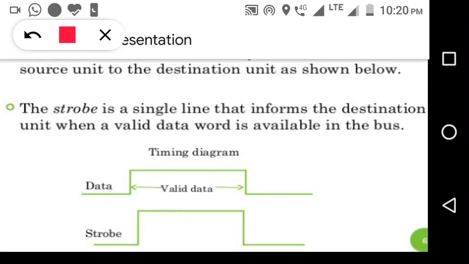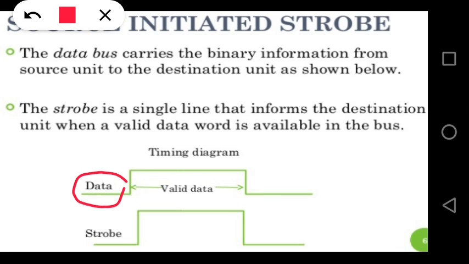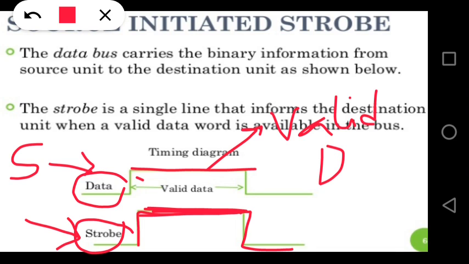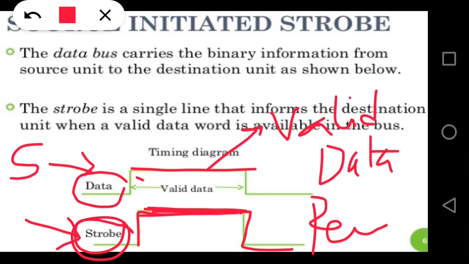So what's happening here? First, source or sender places the data on the data bus, then it sends the strobe signal. As long as strobe is active during this period, you can send the valid data. As long as the receiver receives the strobe signal, it understands that data is present in the data bus.